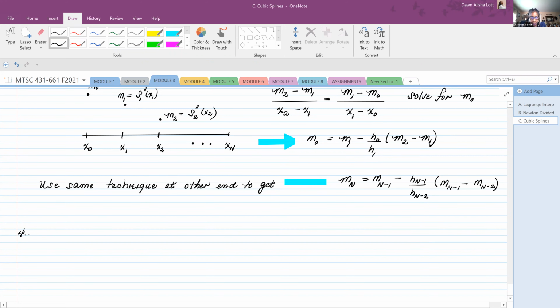Another option is that the second derivative at x is constant near the endpoints.